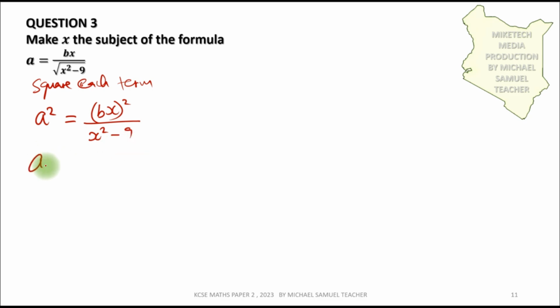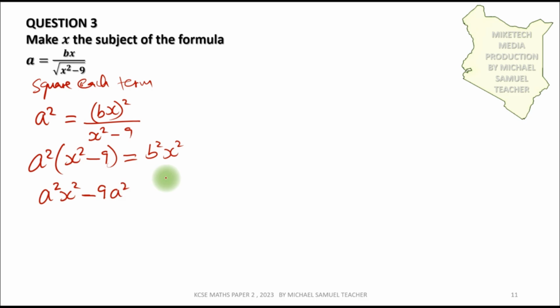Therefore we shall get a squared into bracket x squared minus 9 will be equal to b squared x squared. Open the bracket, we have a squared x squared minus 9a squared will be equal to b squared x squared.